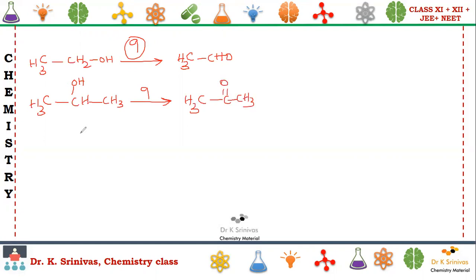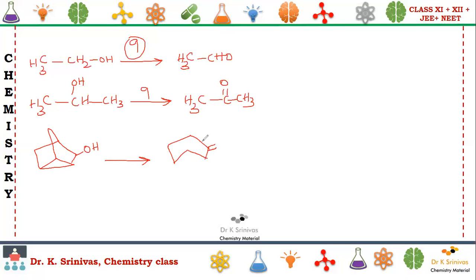Up to here is CBSE level, a normal board level example. So in your competitive exams, they may give the structures like this to confuse the students. They will ask to convert into the corresponding compound.